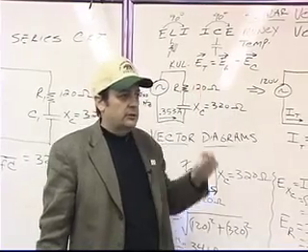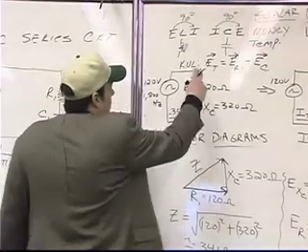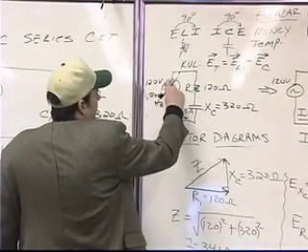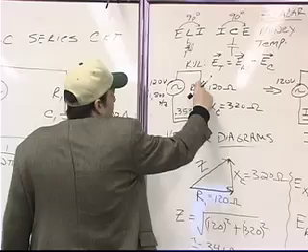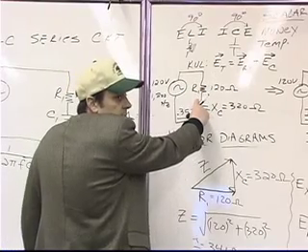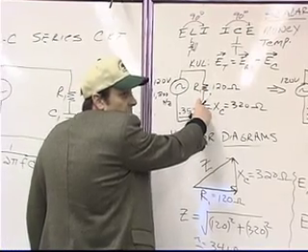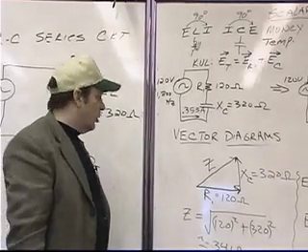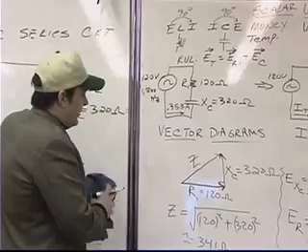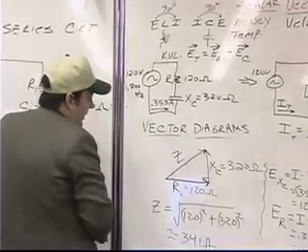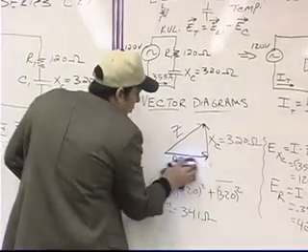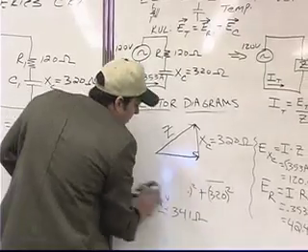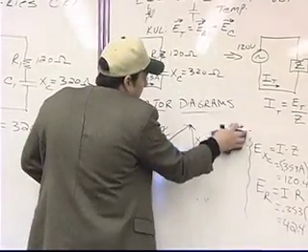Now notice something interesting. Kirchhoff's voltage law says that this voltage must be equal to this voltage plus this voltage. Okay? But we're not adding them algebraically. We're adding them vectorially.